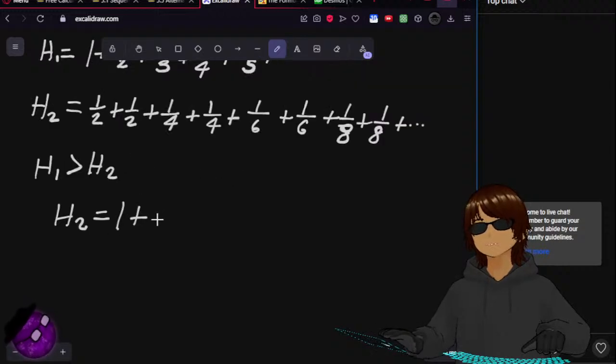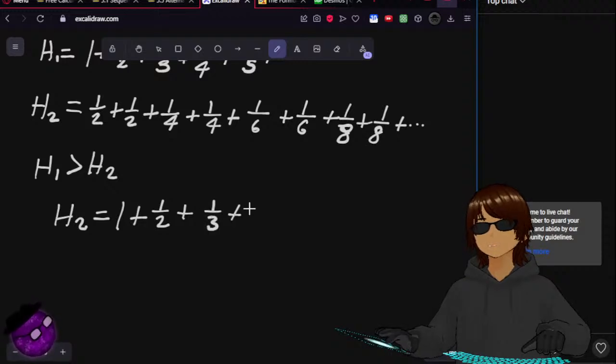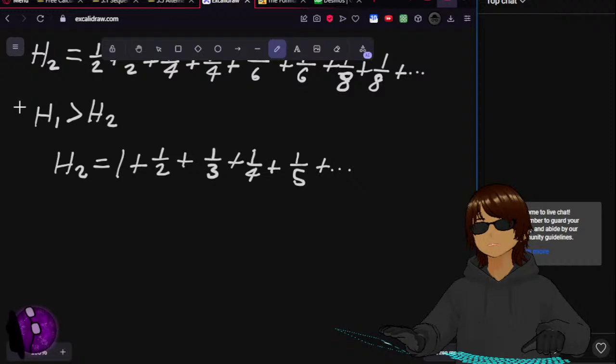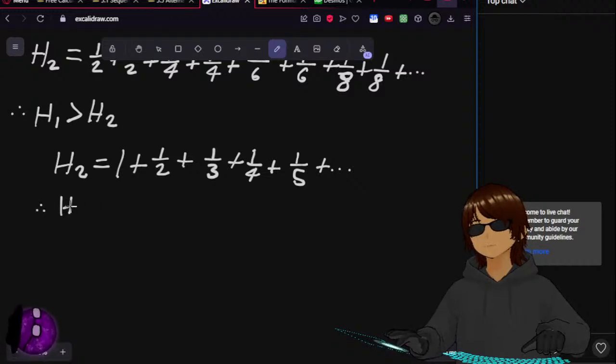1 over 4 plus 1 over 4 is 2 over 4, which is half. 1 over 6 plus 1 over 6 is 2 over 6, which is 1 over 3. Then same, it's 1 over 4, 1 over 5, and so on. So now we conclude h1 is equal to h2.